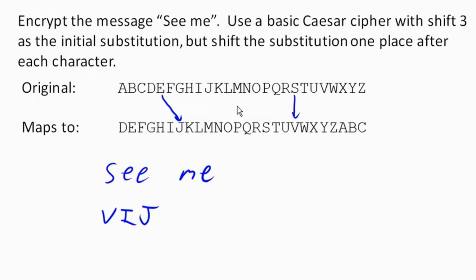So now instead of mapping directly down, 1, 2, 3, M is going to map to S. And then our last E here, 1, 2, 3, 4, that last E is going to get mapped to L. Okay, so notice what's happened here is even though we had 3 E's in the original message, each of them has been mapped to a different character because we increased the amount of shift after each character.